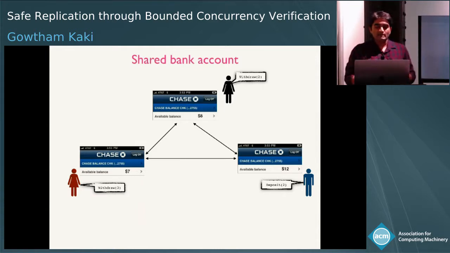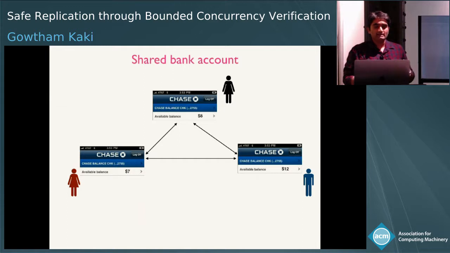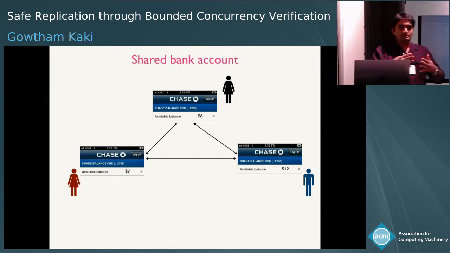When these writes are eventually propagated and applied in different orders at different replicas, the balance at the various replicas may diverge and contain different values, and moreover, the writes may get lost in the process. Here, Alice sees the balance of 8, Cheryl sees 7, and Bob sees 12.